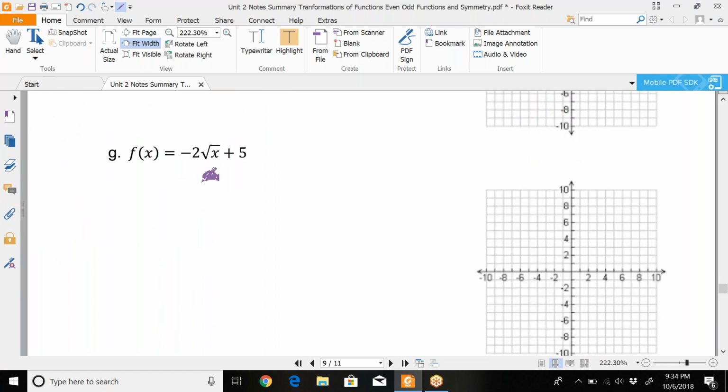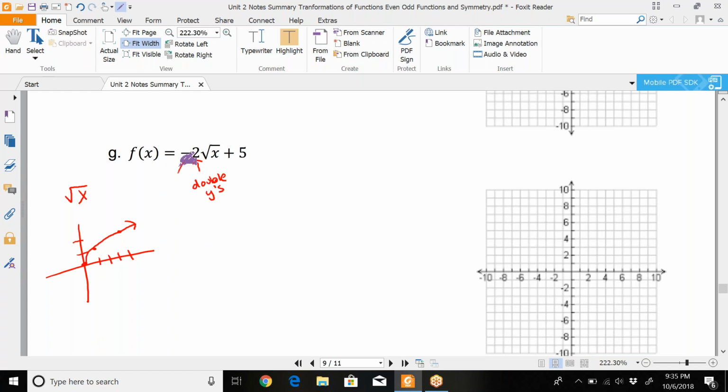Okay, so let's look at G. This is a square root of x, so we need to draw that toolkit function: (0, 0), (1, 1), and (4, 2). That's what it generally looks like. Okay, so this is actually 2 transformations in 1. So we need to double the y's because it's happening outside the function, because that's a vertical stretch.